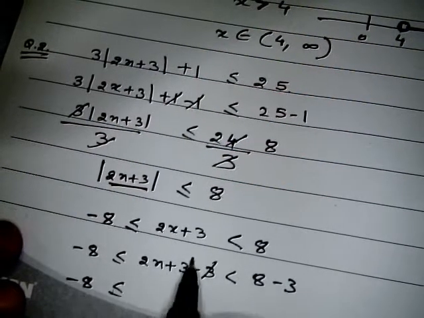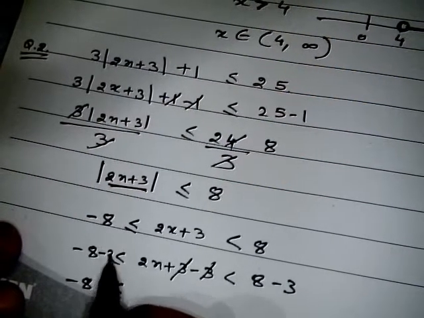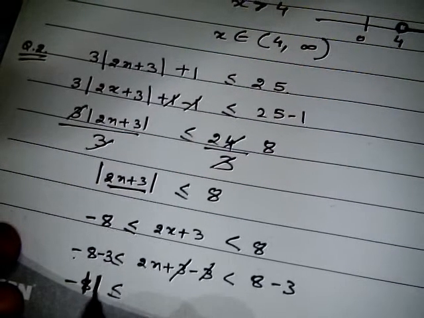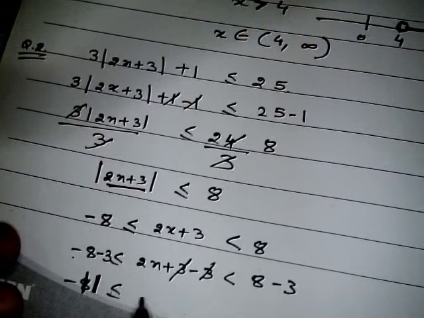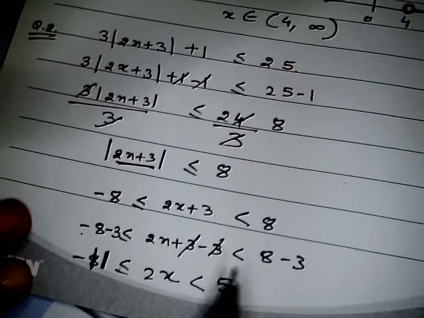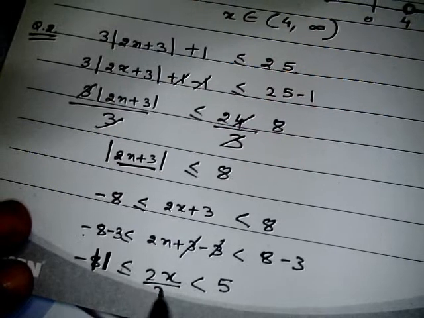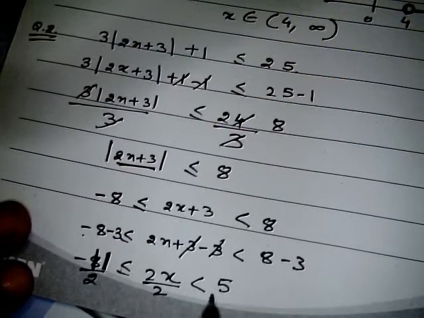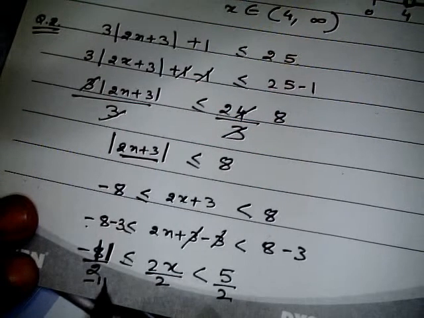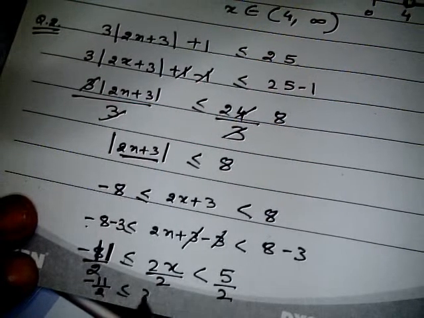So negative 8 minus 3 is going to be negative 11, this is going to be 2x, and this is going to be 5. To remove this 2, I need to divide by 2. When you divide, each term gets divided by 2. So this gives negative 11 by 2, x, less than or equal to 5 by 2.